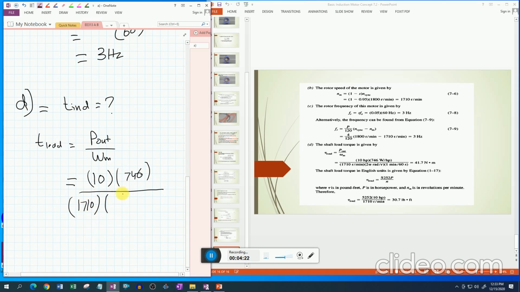Converting revolutions into radians, we multiply by 2 pi radians, and converting minutes into seconds, it is like that. By solving this, it is equal to 41.7 Newton meter. And the further steps are just unit conversion, I think you can do it by yourself.